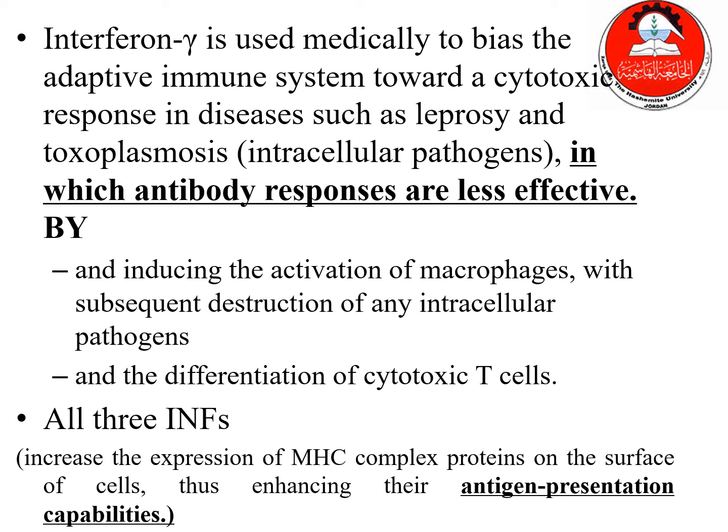Interferon gamma is used medically to bias the adaptive immune system to the cytotoxic response in diseases such as leprosy and toxoplasmosis. What does that mean? It means if we give interferon gamma, we are stimulating the body to produce more cytotoxic T cells, and these cytotoxic T cells target cells which are infected by intracellular pathogens to kill these cells.